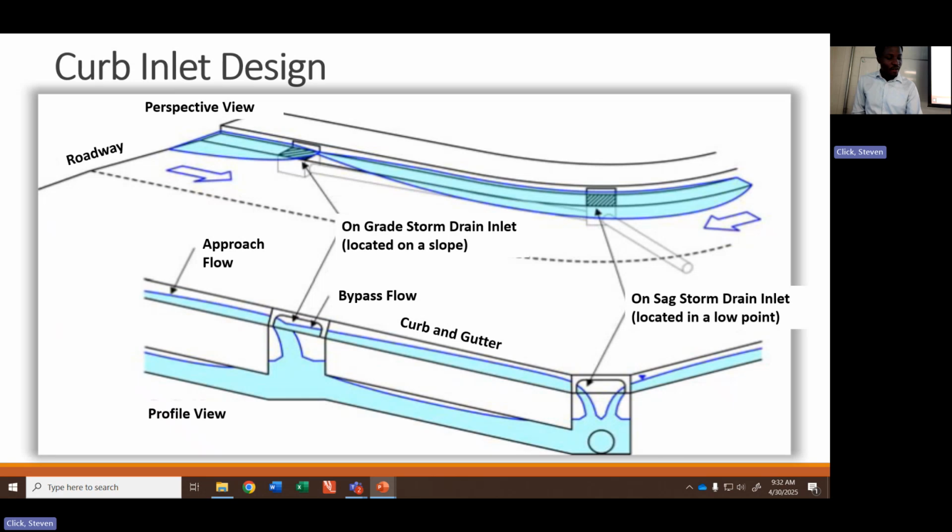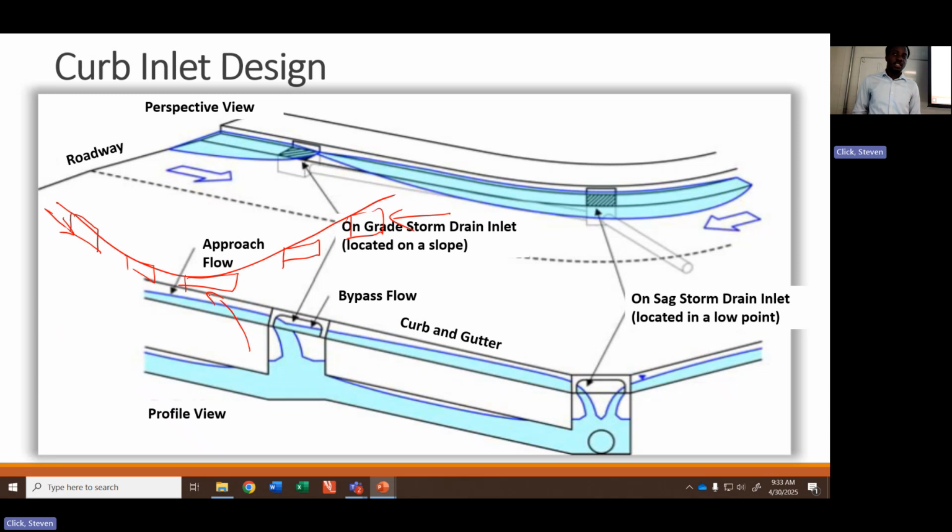So assuming we have a vertical curve of such nature, we'll be placing our curb inlets at various locations such as this to help intercept the flow coming in this direction and flow coming in this direction. So there are 2 major areas where you design for the inlets.